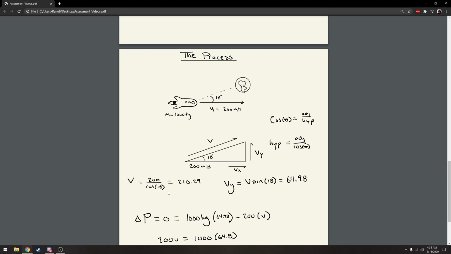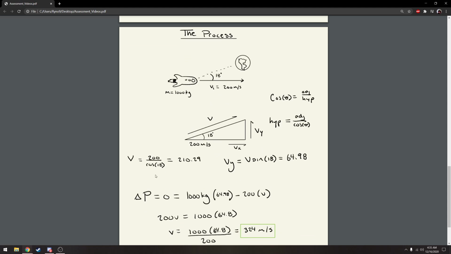So, the solving process. In order to solve this problem, I imagined this problem as a triangle, right? Where our desired velocity in order to get home is going to be this total velocity here.